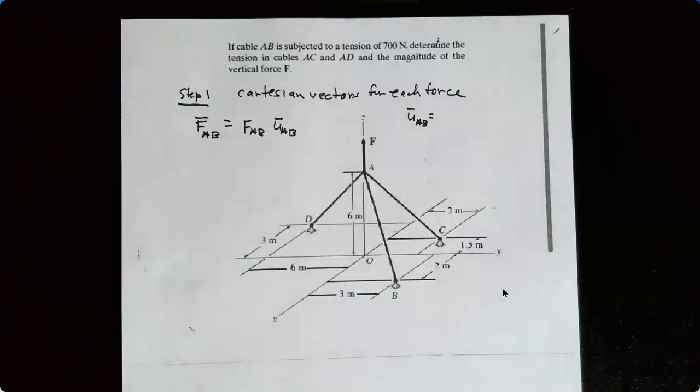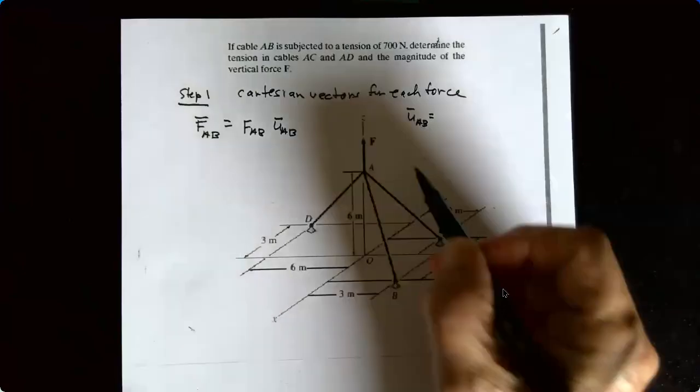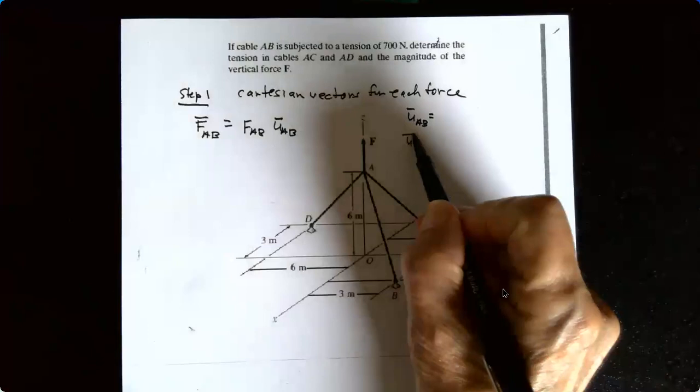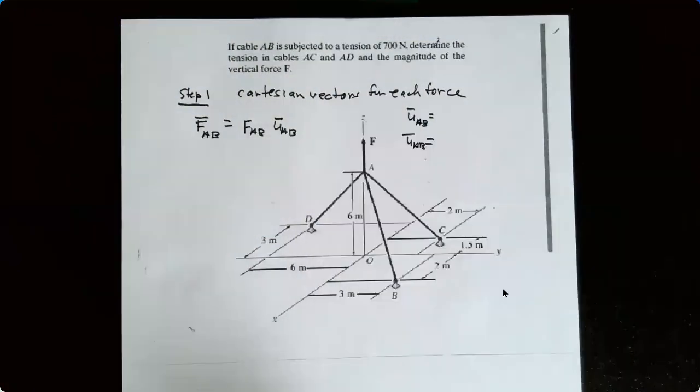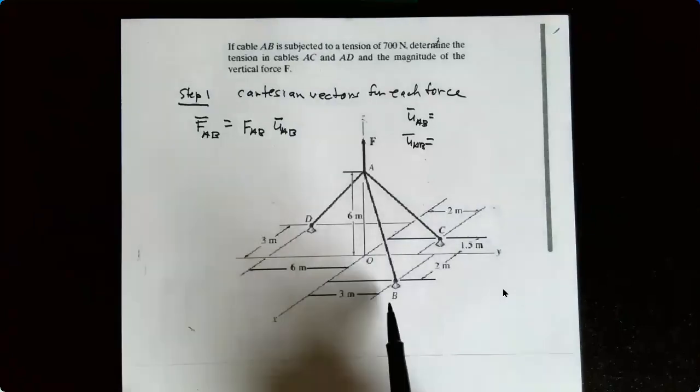So let's look at the unit vector for AB. First thing we want to do is we're looking for the I component. Okay, so we're going from A to B. Here's B. We're looking for the I component.